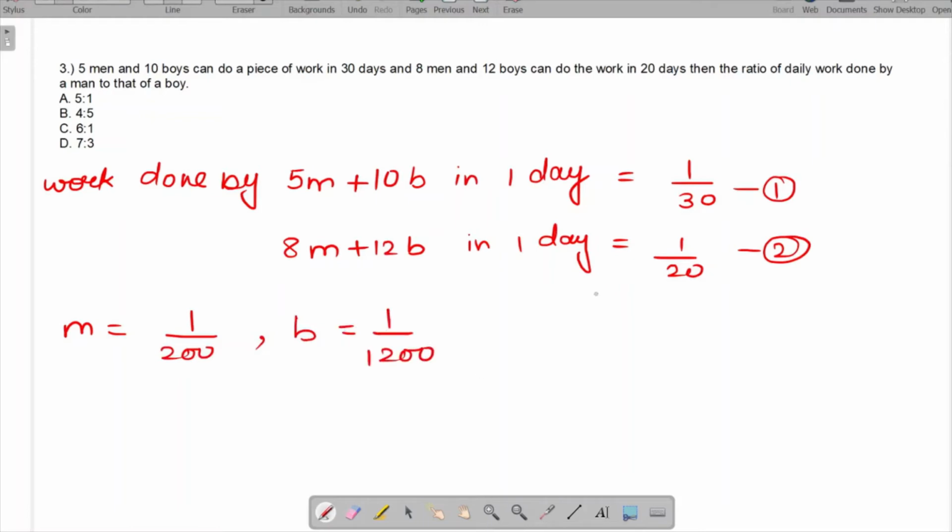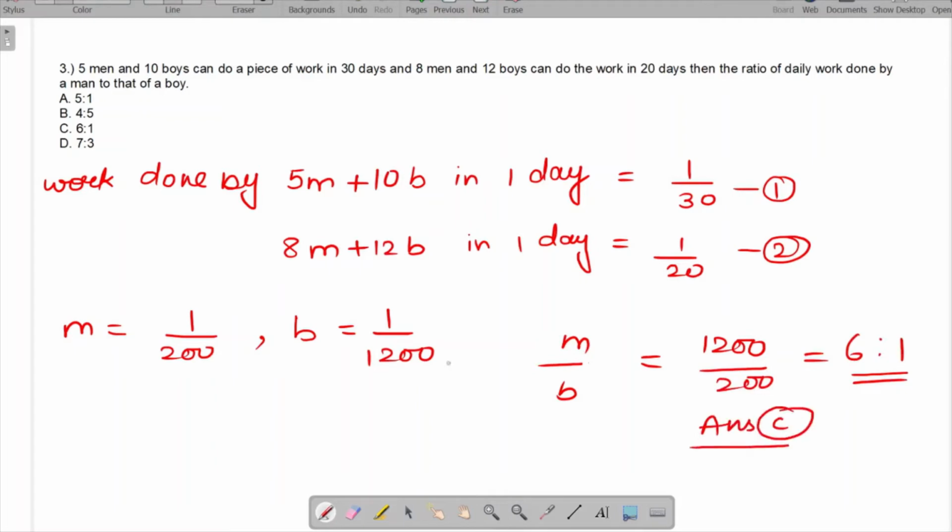What we have to find is the ratio of work done by a man to that of a boy, so M by B will be 1200 by 200, which gives us the answer as 6:1. So our answer for this question will be C, 6:1.